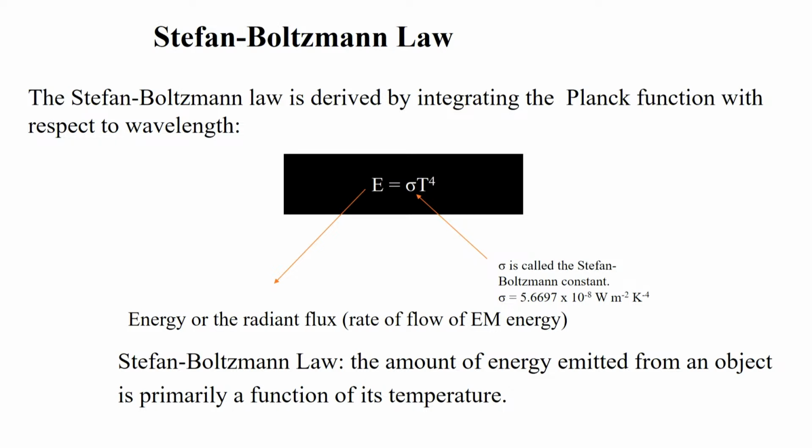It shows that the energy, or the radiant flux, will be equal to sigma, the Stefan-Boltzmann constant, multiplied by the fourth power of the temperature. So if we have the information of the temperature, we can calculate the energy or the radiant flux by multiplying the fourth power of the temperature with the Stefan-Boltzmann constant.